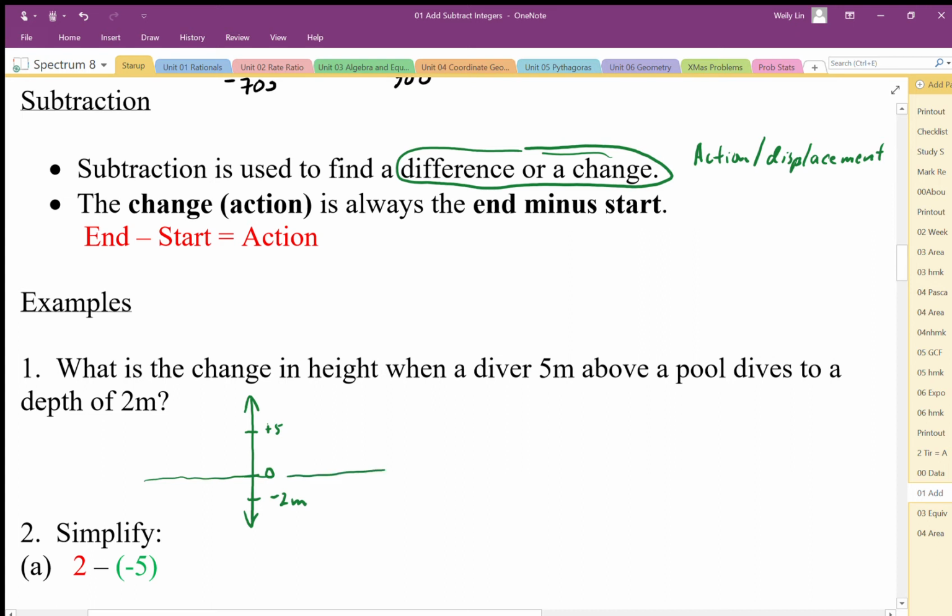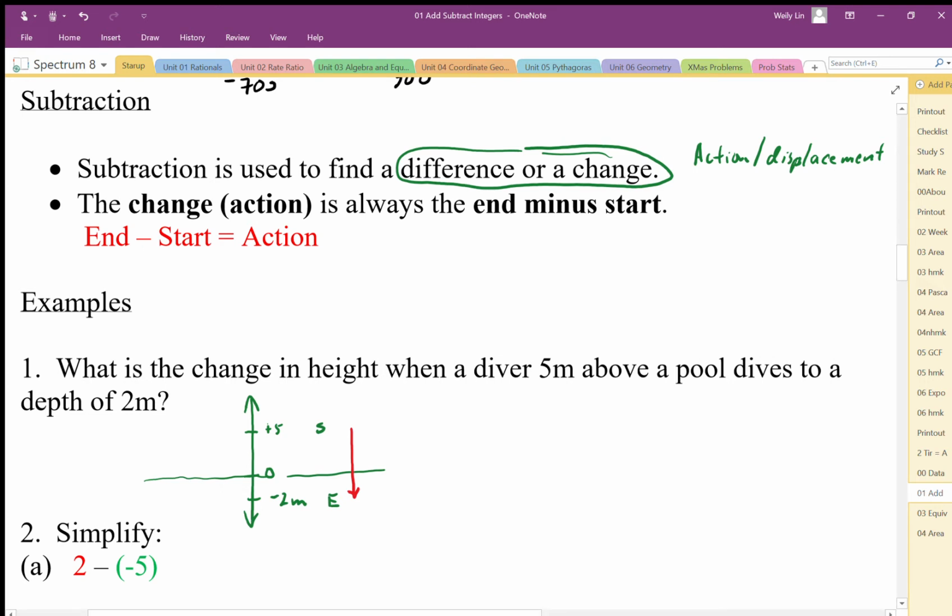This is my start. We're starting here, we're ending here, and the answer we're looking for is the displacement in between, or the change. We can probably figure this out, we're going down 7. But we want to be able to set this up using this statement as well.